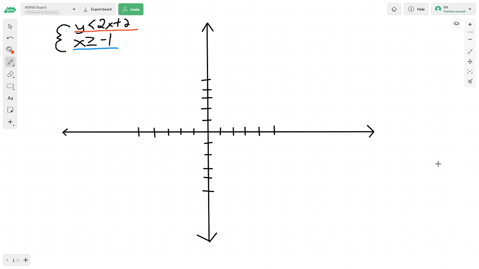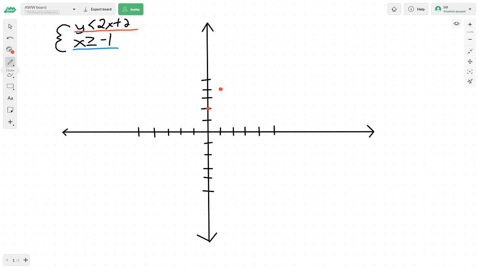So this is set up in y equals mx plus b form, or y is less than mx plus b. So I'm going to graph my y-intercept, which is 2, plot that, and then my slope is 2. So I go up 2 and over 1.